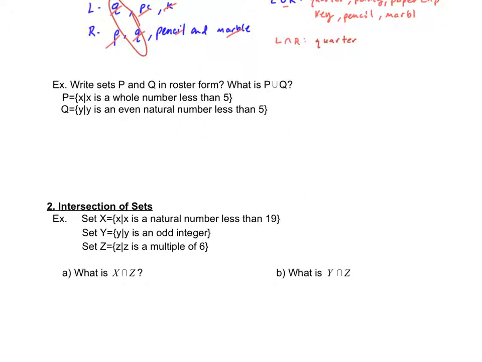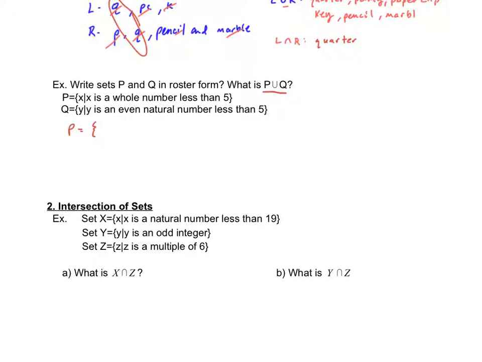As we write sets P and Q in roster form, what is the union of P and Q? P is all values of x such that x is a whole number less than 5.